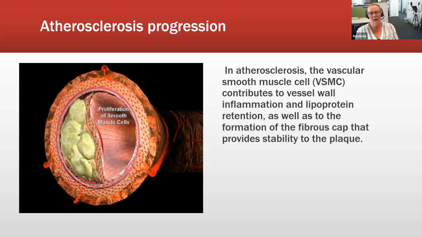So at this point, the patient probably has no idea that there's anything going on. They haven't suffered any chest pain. There's been no shortness of breath, no symptoms, but they have arteries that are starting to look like this.